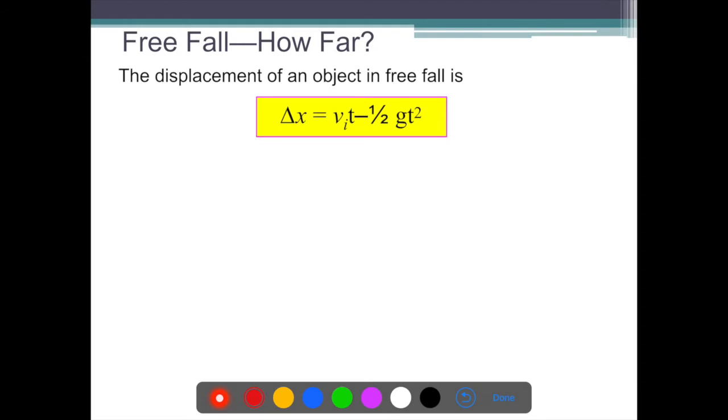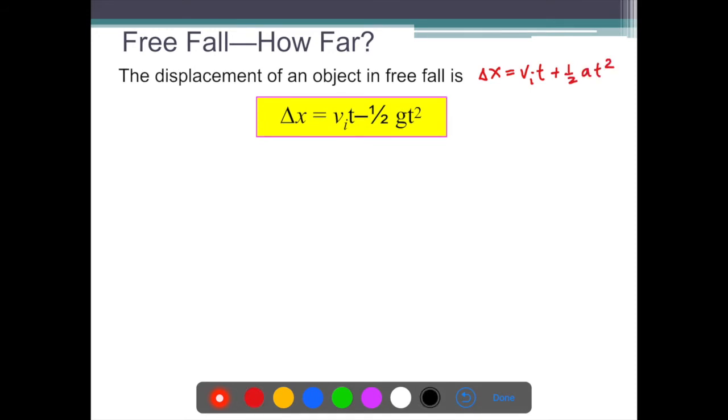Okay, so how about the displacement? How far is the object from its starting position after a certain time t? For displacement, we will need to use the kinematic equation: delta x is equal to v_i t, initial velocity times time, plus 1/2 a t squared.